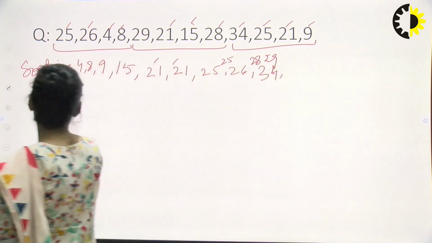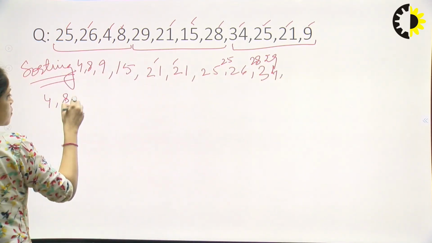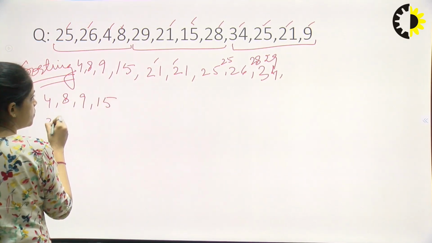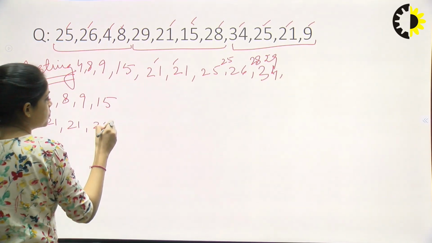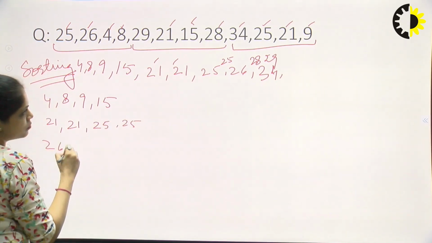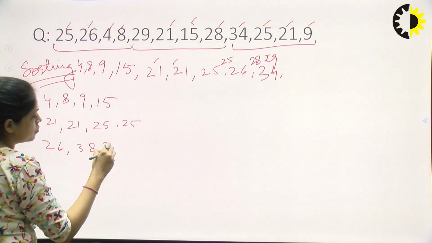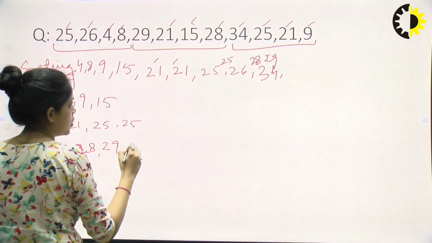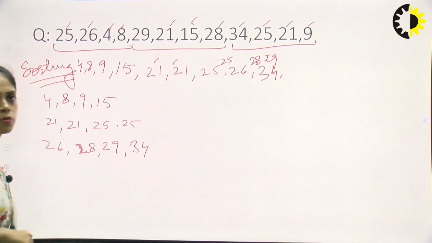So the final sorted sequence will be somewhat like this. This is the first bin. This is the second bin. And this one is the third bin.